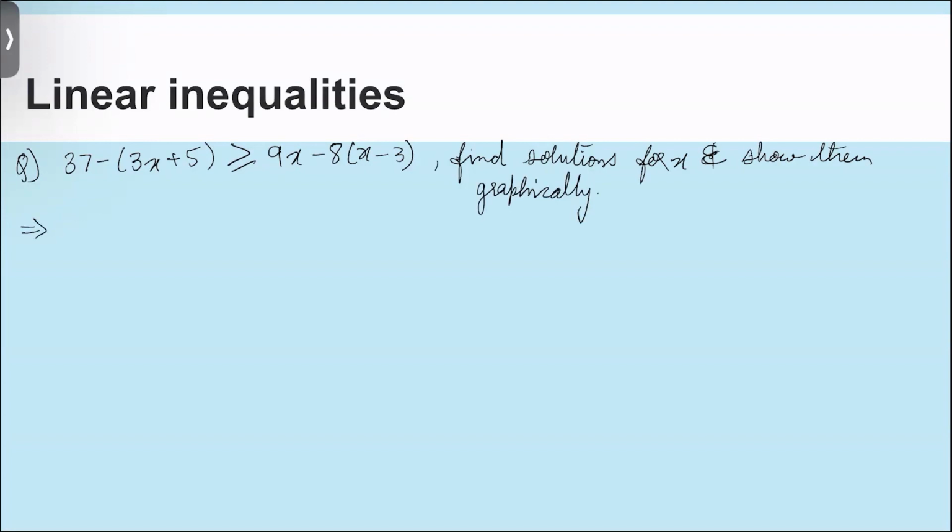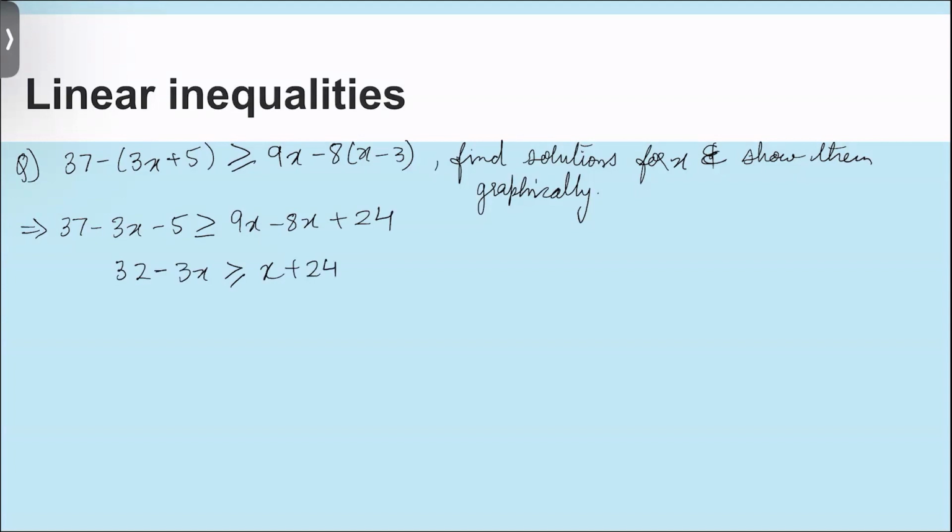So you have 37 minus 3x minus 5, 9x minus 8x plus 24. Okay, so let's start simplifying it. So you can have this as 32 minus 3x, and this would be x plus 24.